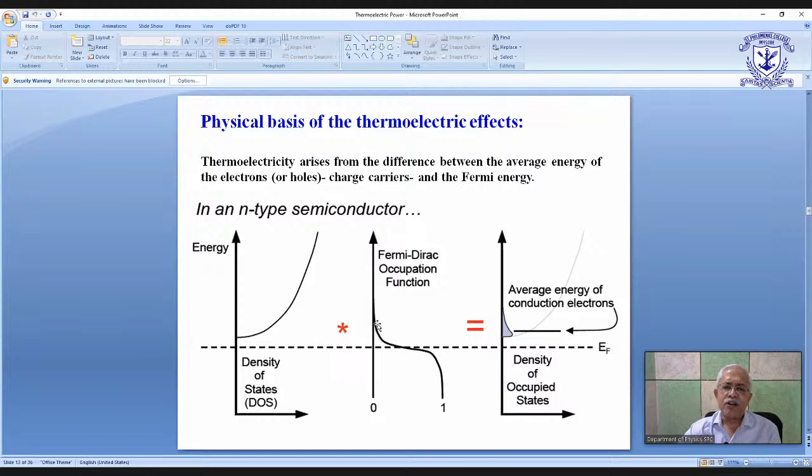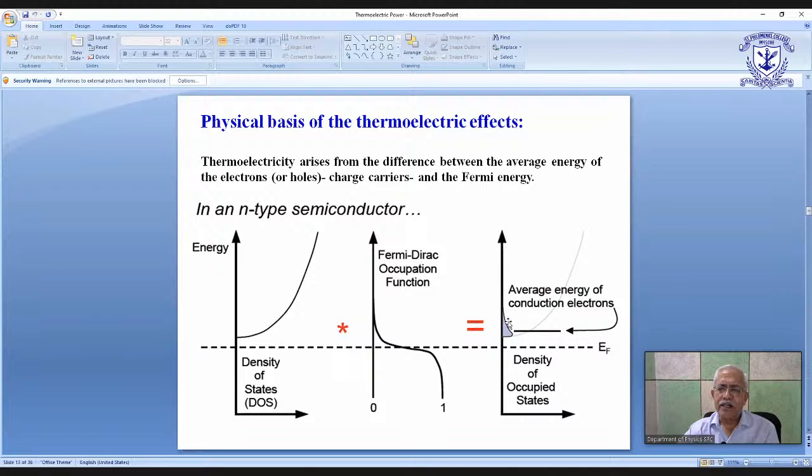A few states are occupied in the conduction band. So when you want to calculate the free electron density in the conduction band, you need to multiply these two graphs and integrate over the range of energy. Then you will get the graph shown on the right side.